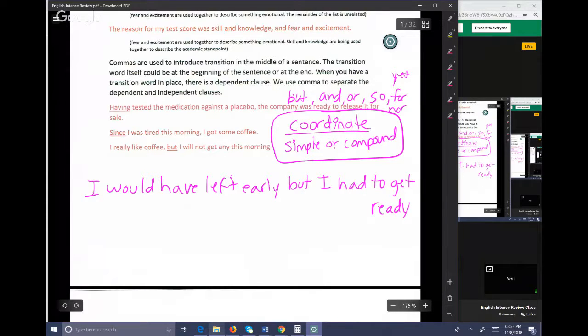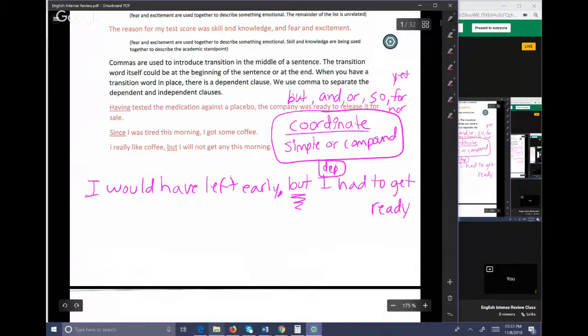So again, when we have I would have left early, but I had to get ready, we now have a dependent and an independent. But I had to get ready. Basically, anytime that you've got a conjunction in a certain half of the sentence, that's always going to cause that half to be dependent.